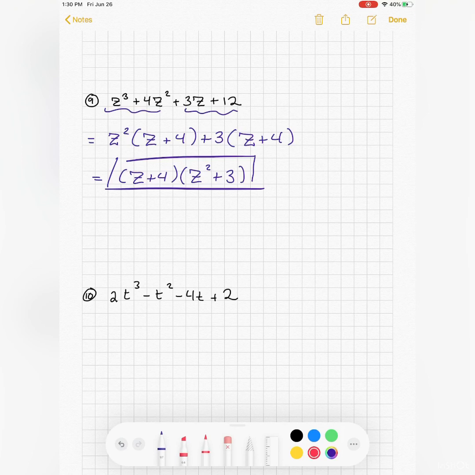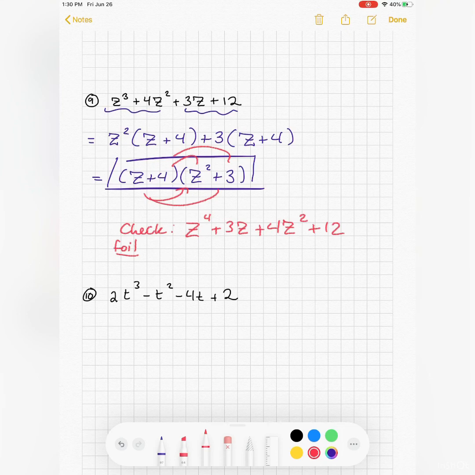Now another way you could check this is you could do a FOIL. We talked about that. That'd be z to the 4th plus 3z plus 4z squared plus 12. Does that match the original expression?